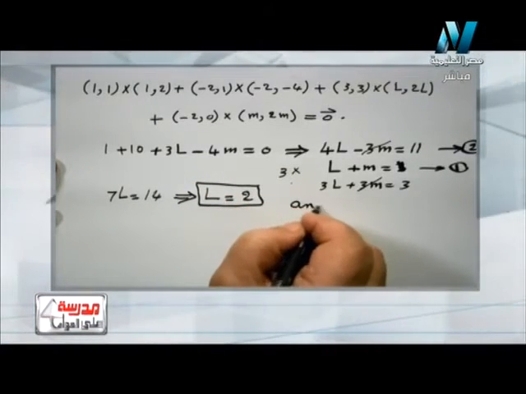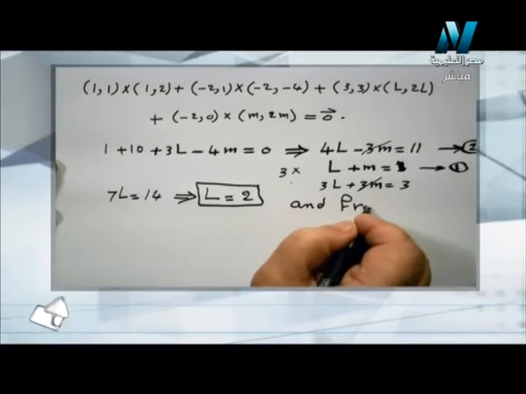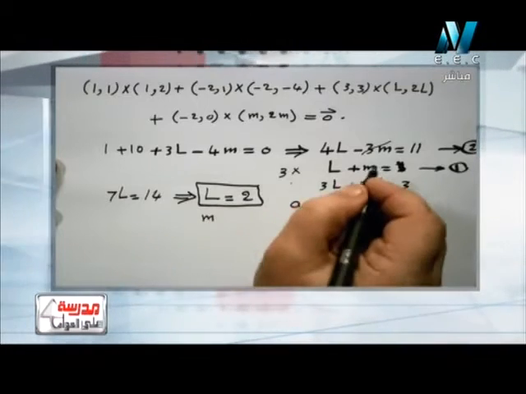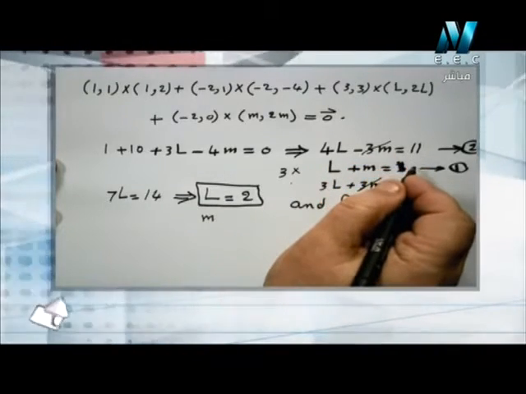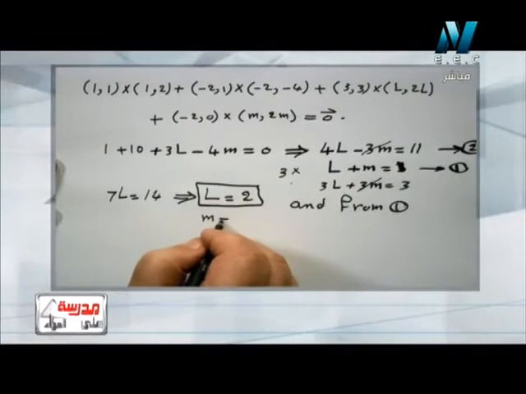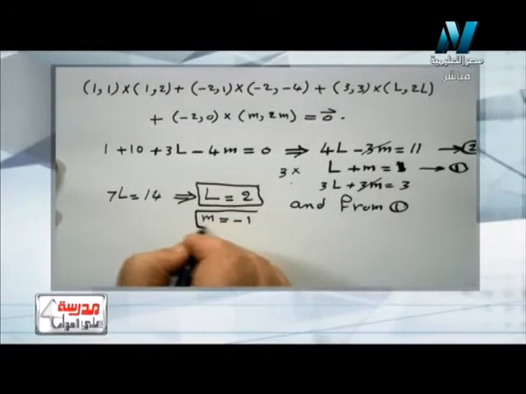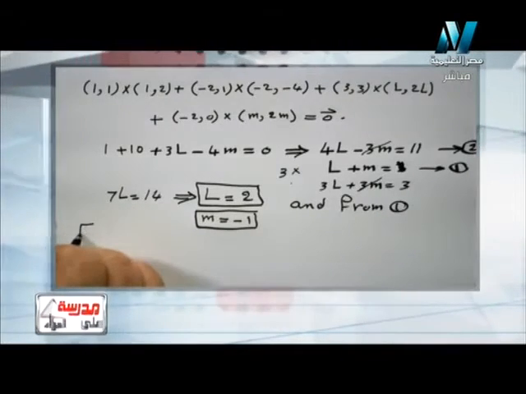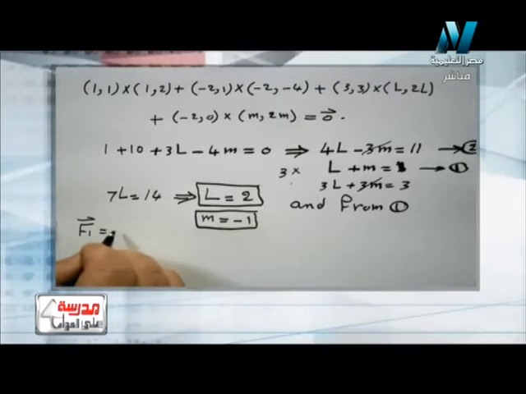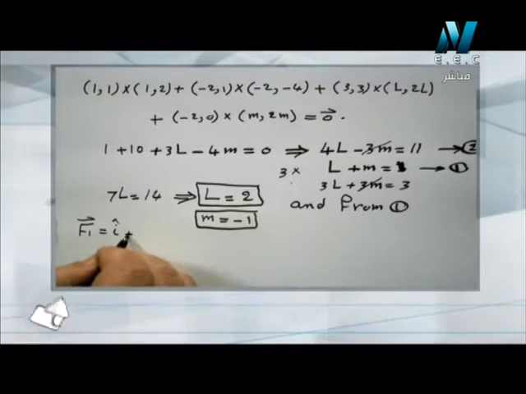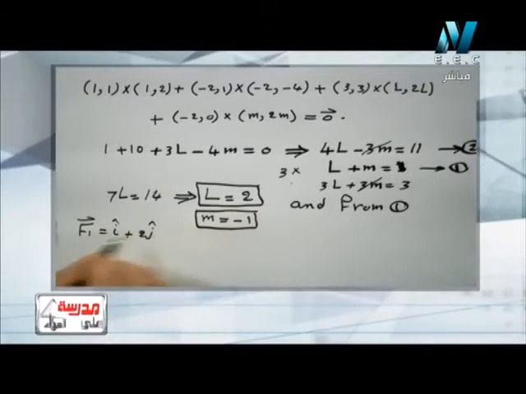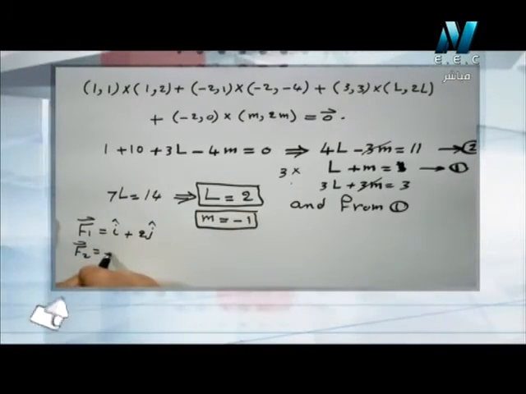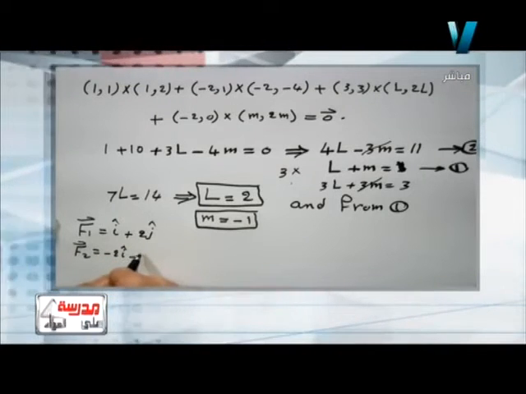And from equation 1, M equals 3 minus L, so M equals negative 1. And finally the four forces are: F1 vector is I plus 2j. F2 vector is equal to -2I -4j.